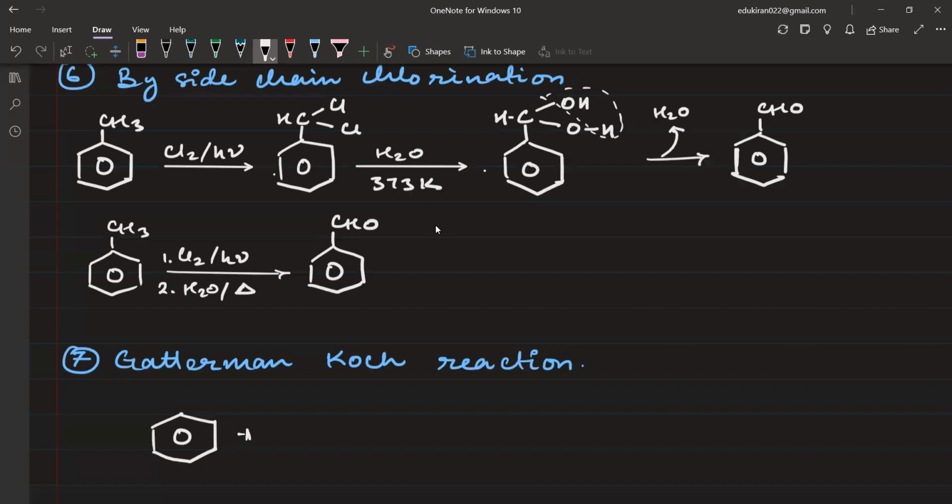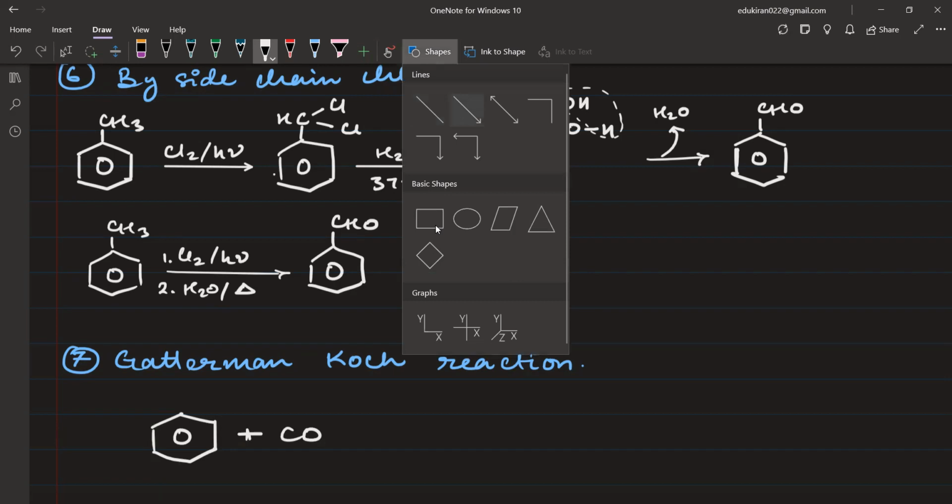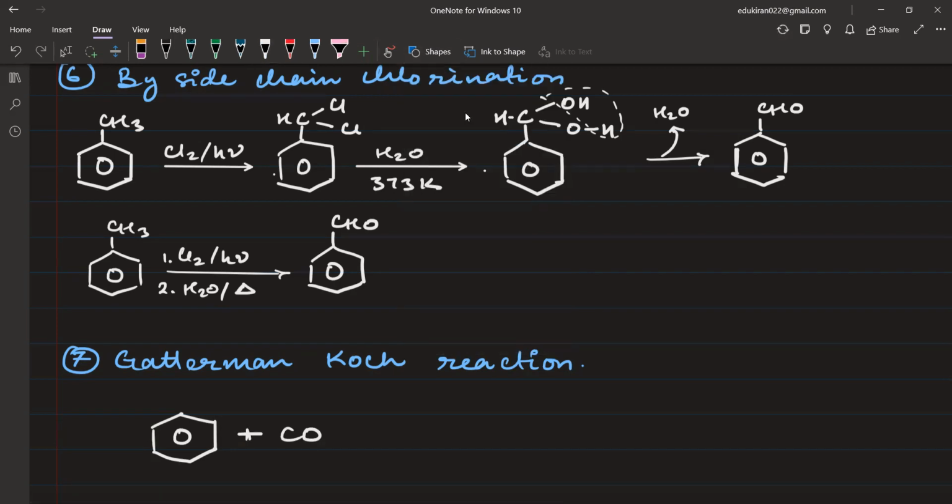Then from Koch, you will remember CO. And then the reagent HCl, from HCl. In the presence of anhydrous AlCl3, this gives benzaldehyde. So, Gattermann-Koch reaction.